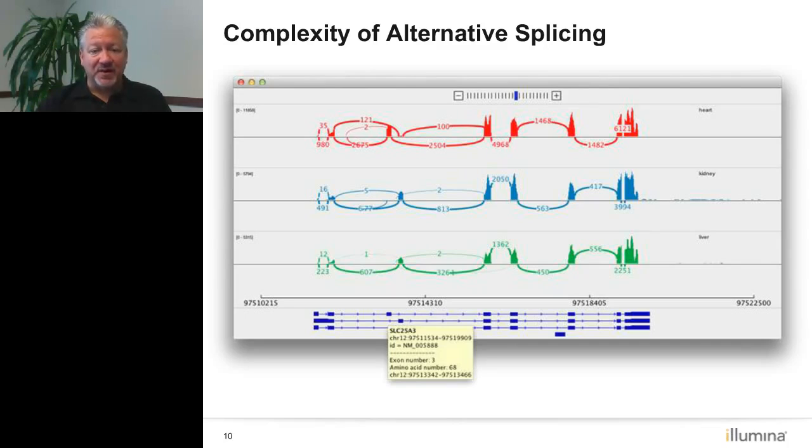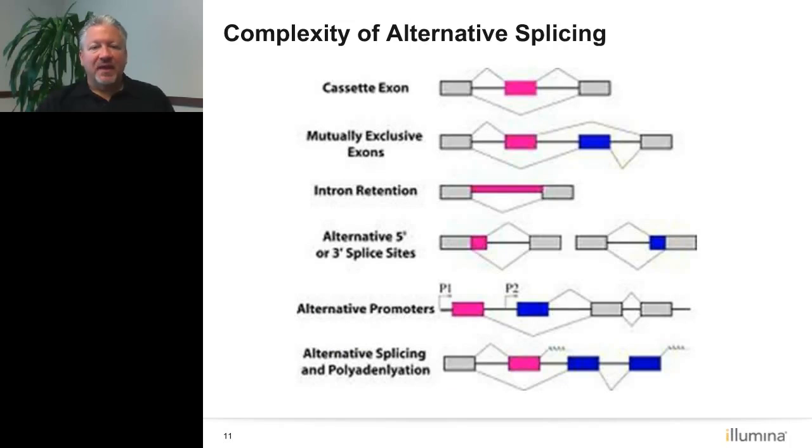And here's a well-known example of a tissue-specific pattern of expression between these two exons. You can see these two tissues utilize that exon. This tissue utilizes that exon to a much lesser degree than it utilizes the exon to the left here. So this is a very clear example of how you can quantify different splice levels using RNA-Seq.